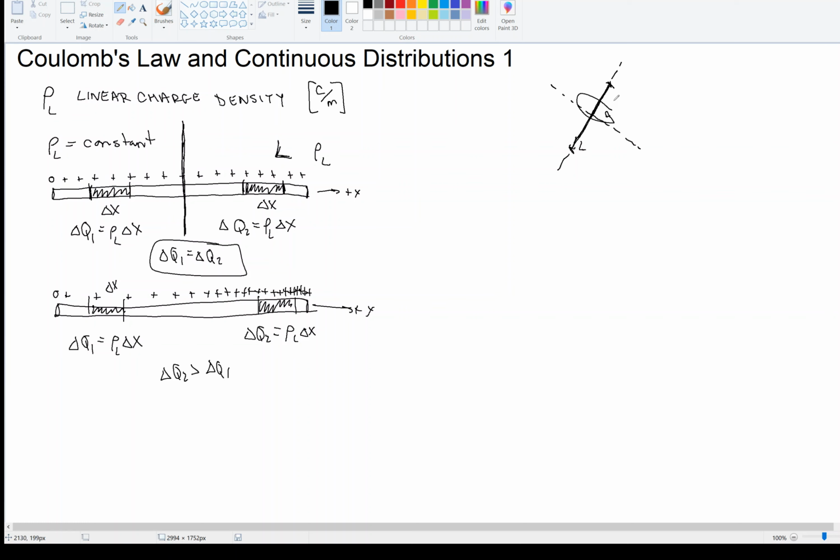However, it's not true when we go this way, because if we move up the axis of the rod, then we get closer to one of the ends, right? So we do not have symmetry this way, but we do have radial symmetry. What we've just described here is a cylindrical system. We have radial symmetry in a plane, but not in the z-axis.